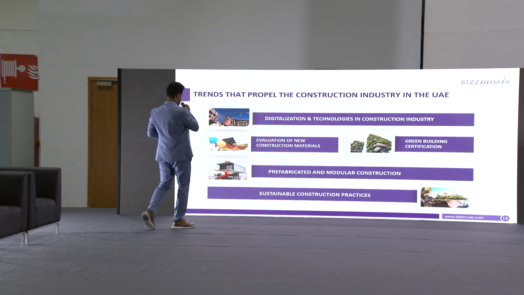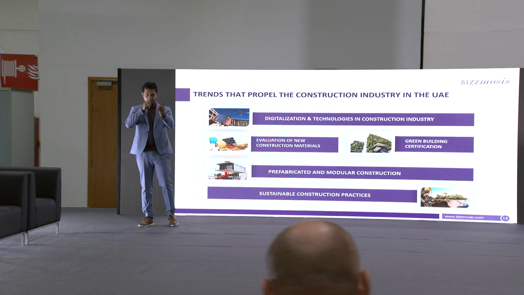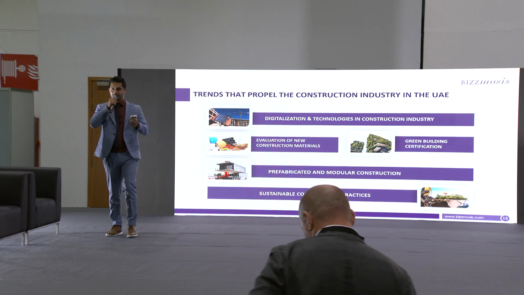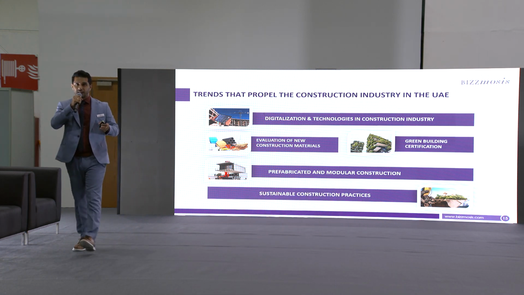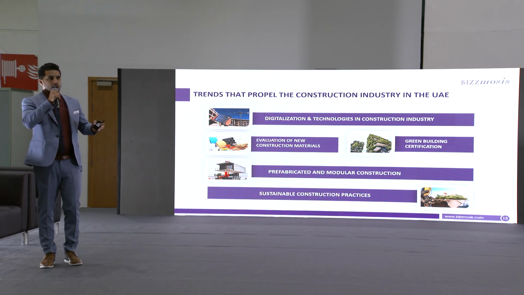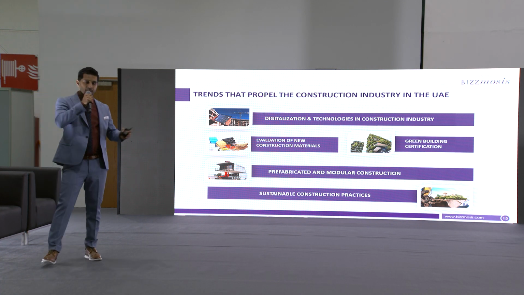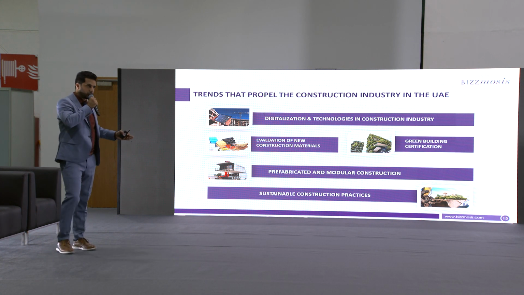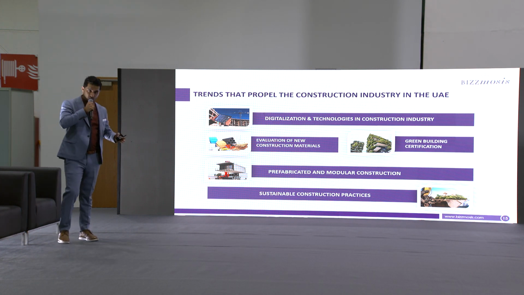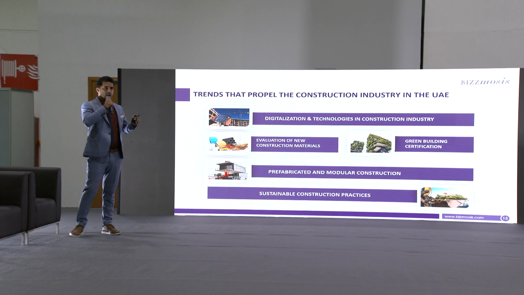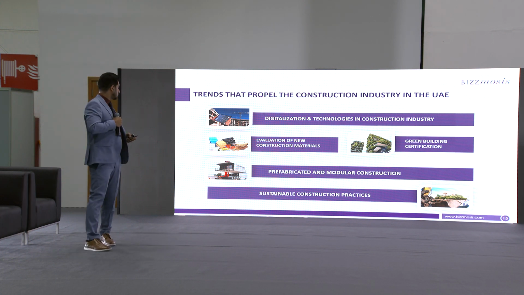Then prefabricated and modular construction. I have seen a lot of stands here with prefabricated or modular construction, where you construct the materials or the model of the site and bring it to the construction place, which will obviously reduce cost and reduce errors in construction projects.